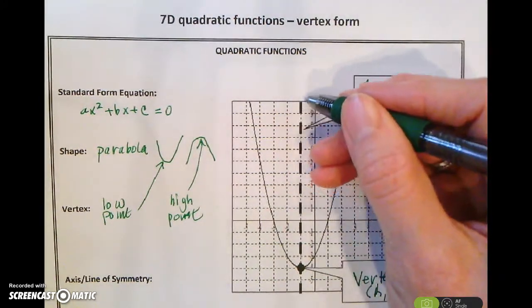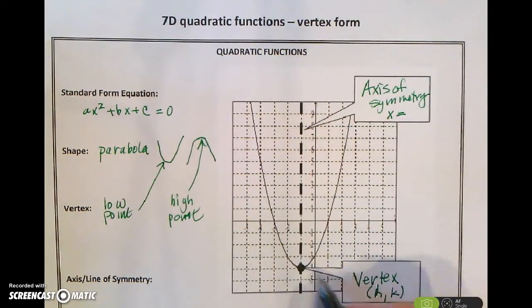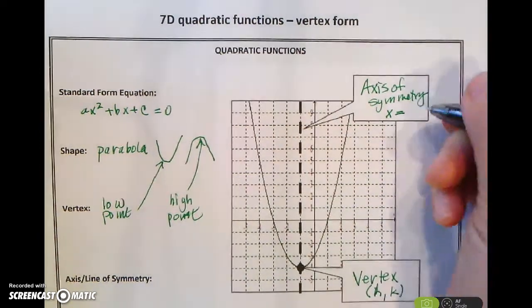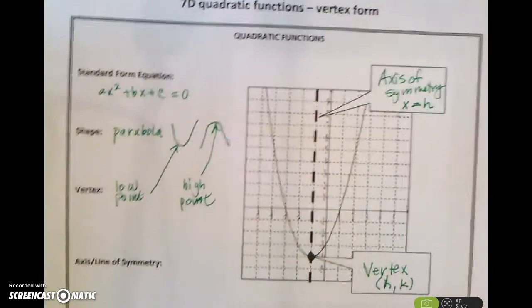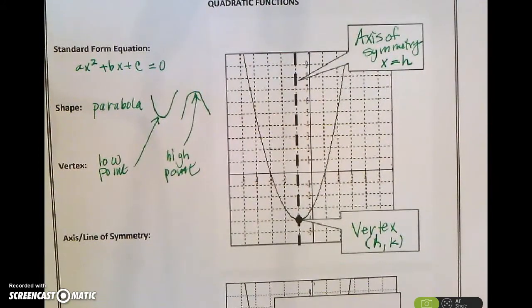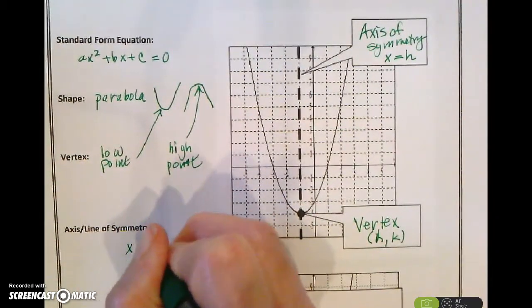X equals whatever the x value is of this point. Since this point has an x value of h, whatever the h value of the vertex is will be in the equation of the axis of symmetry. So I'm going to put here x is equal to h.